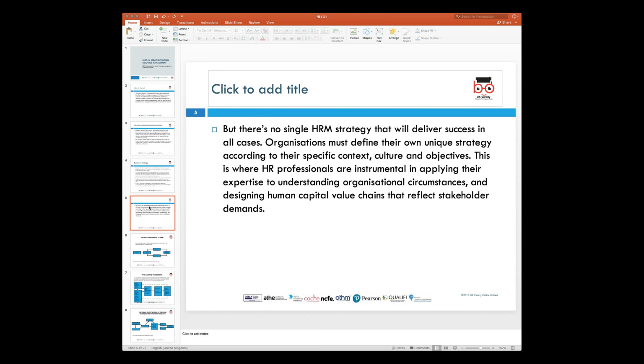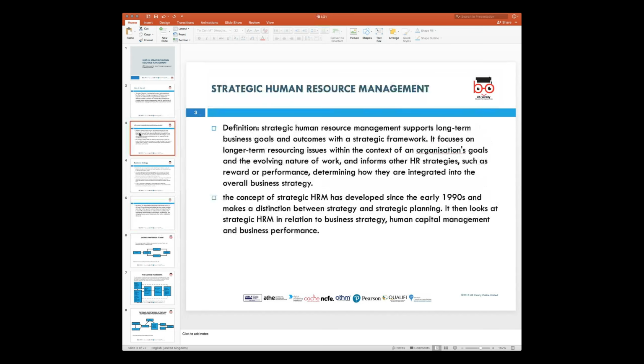So strategic HRM would then be looking at how HR professionals apply the business side of things in terms of strategy, and marry it with the organizational structure, culture, the persona, or the way the organization portrays itself in the market, to effectively utilize the human resources capital to help achieve the objectives of the organization.